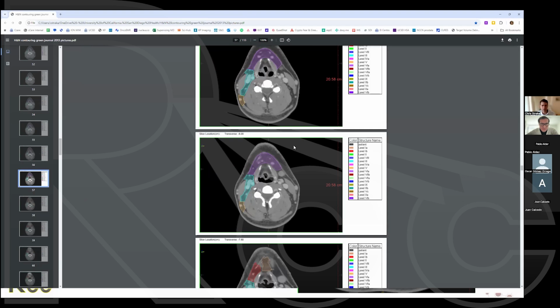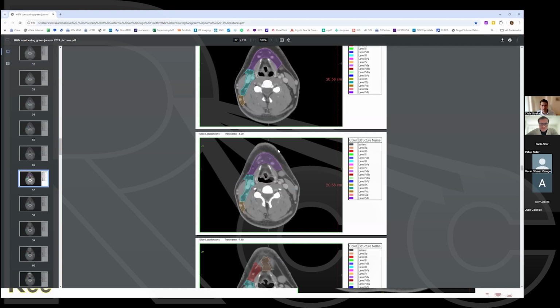They went slice by slice every 2 millimeters from the base of skull down to the mediastinum, contouring assiduously every single nodal region. I still use this in clinic if I have a patient with difficult anatomy, or if I'm trying to figure out borders. I'll be referencing this a couple of times. This is where I took the screenshots as well, but I wanted to take a couple of minutes here and go through it.